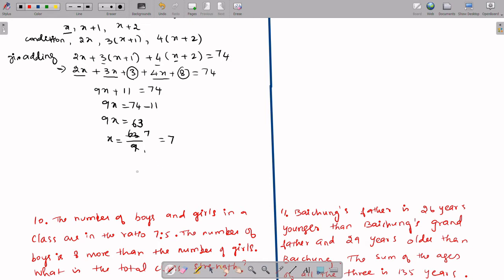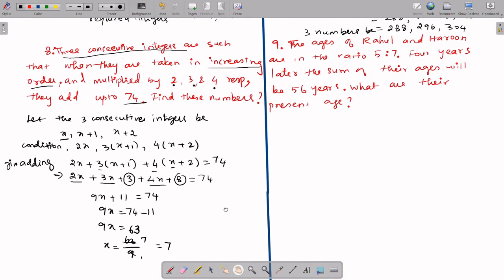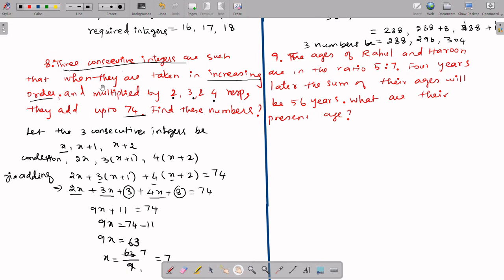So what about those numbers? The required numbers: what is the question we have? Three consecutive integers, when taken in increasing order and multiplied by these and added, give 74.